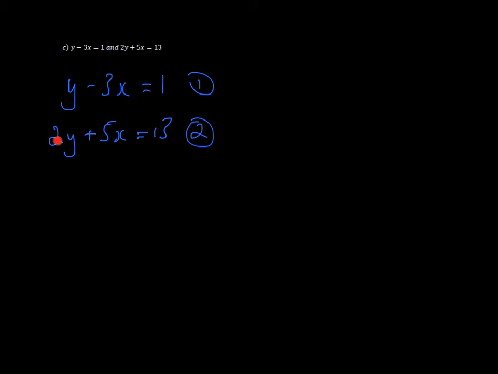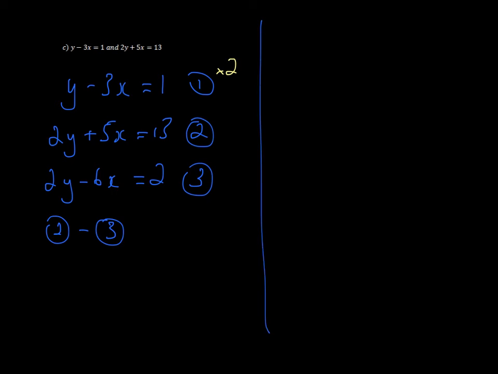However, I can see that this is 2 and at the moment this is 1y, so I'm going to multiply the first equation by 2 and we're going to create a third equation.